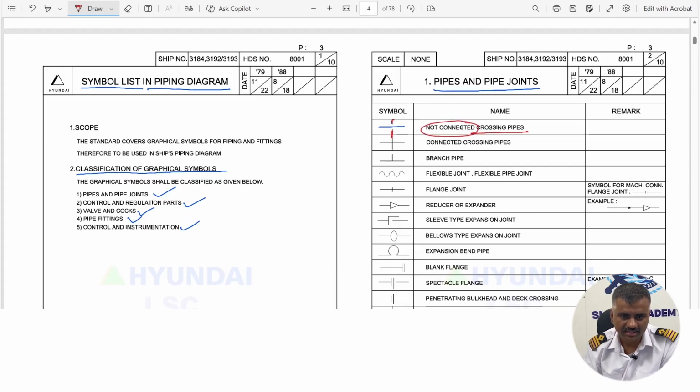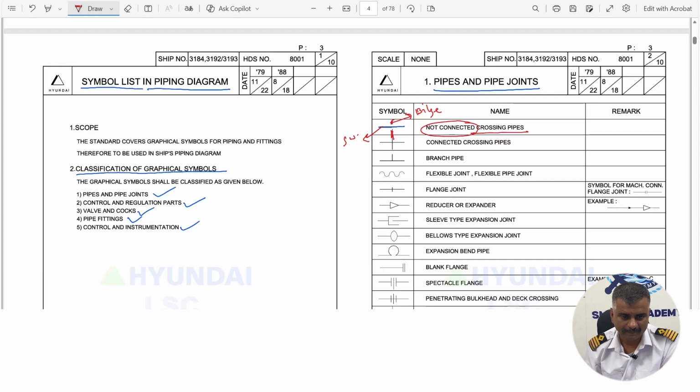So these must be different pipes. This pipe may be a bilge line and this pipe may be a seawater line. Because they are passing nearby, the pipeline diagram has to show them in vicinity and they are not being connected, so there will be a gap between the two pipelines. So whenever you see a gap, that means the pipes are not connected.